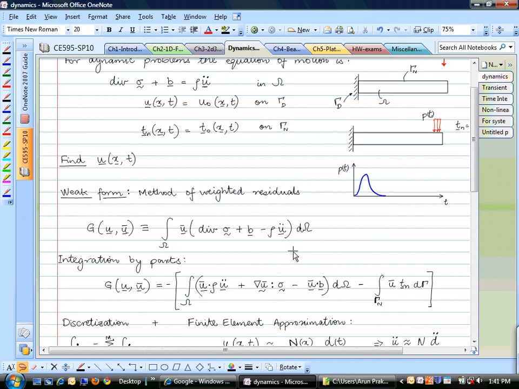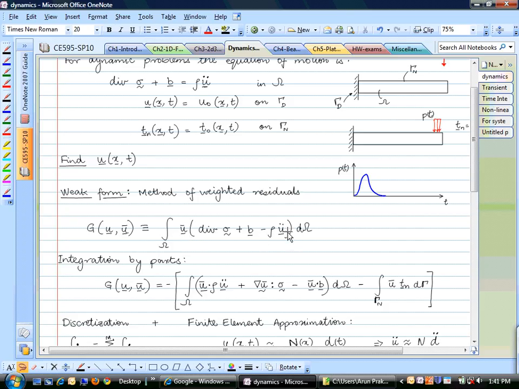That is something that we talked about when we were talking about variational methods, energy methods. So you can derive this equation of motion using Hamilton's principle, and in that principle you have integrals with respect to time. But here we are assuming that this equation is going to hold at every location and at every time instant. So at a given time, this equation must hold.